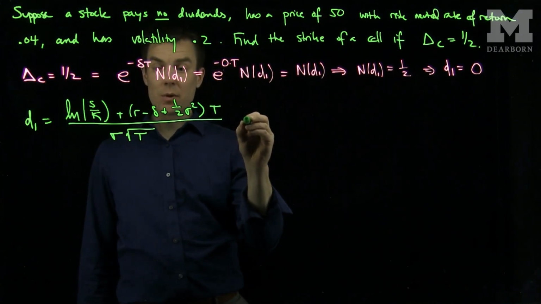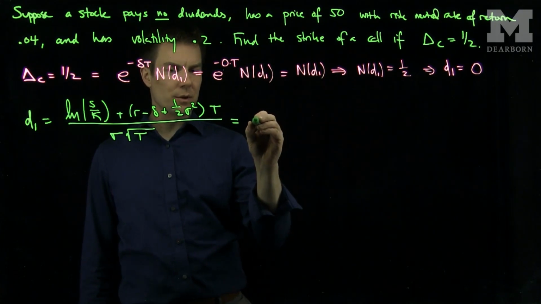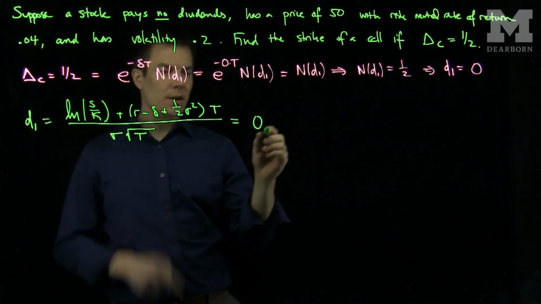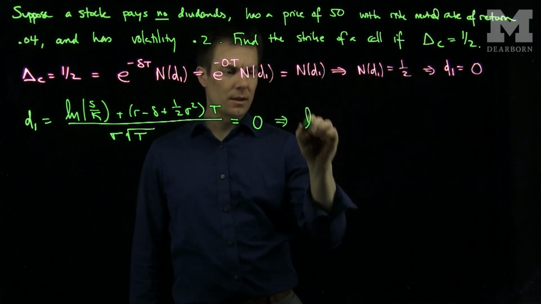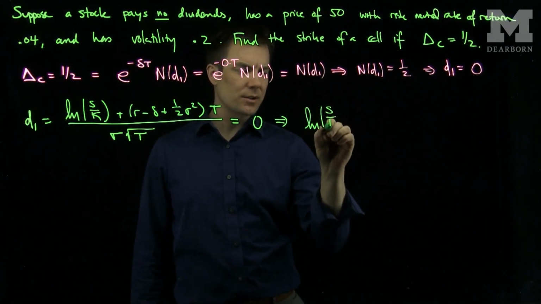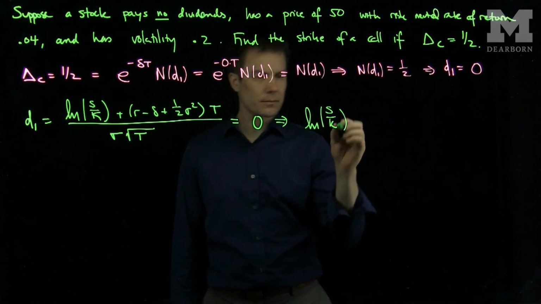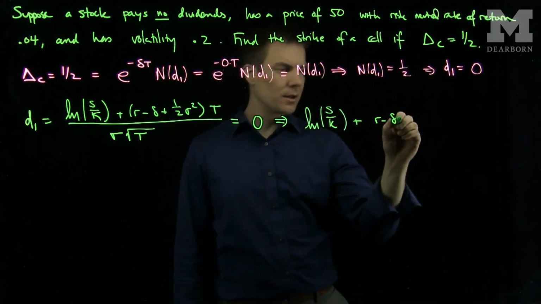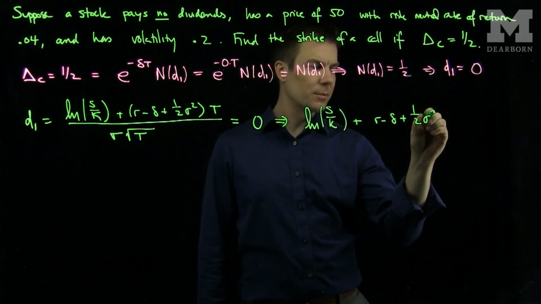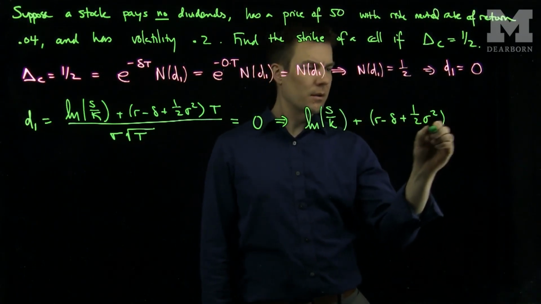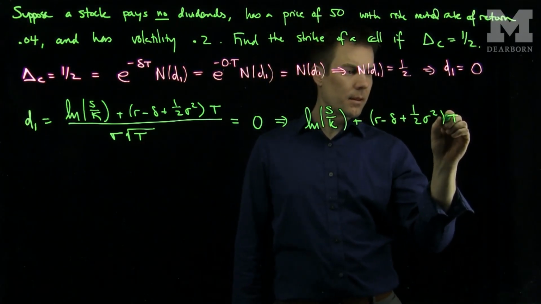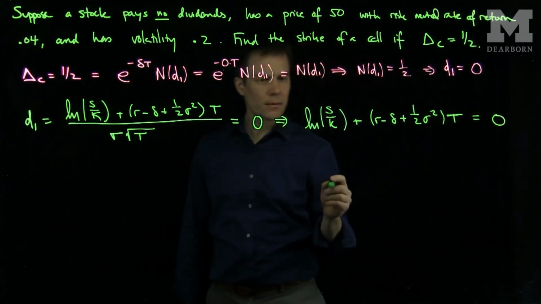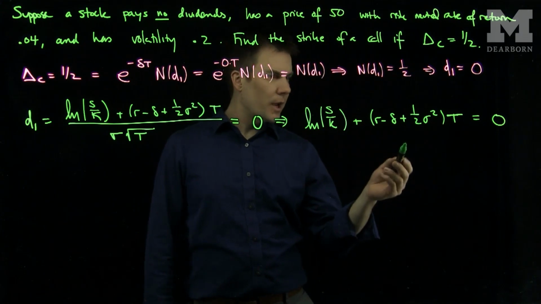We know that this has to be equal to 0, which tells me that the natural log of S over K plus r minus delta plus 1/2 sigma squared t is equal to 0. And now we can fill in information over here.